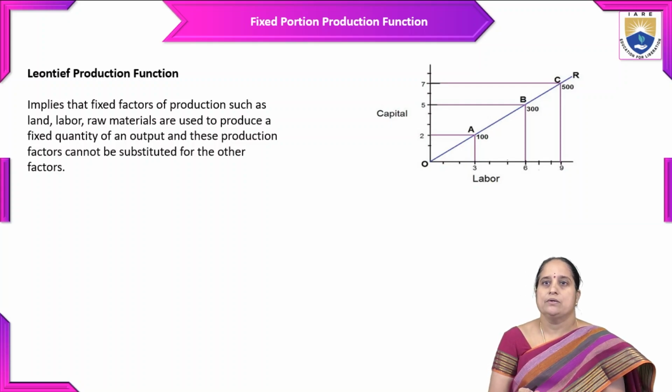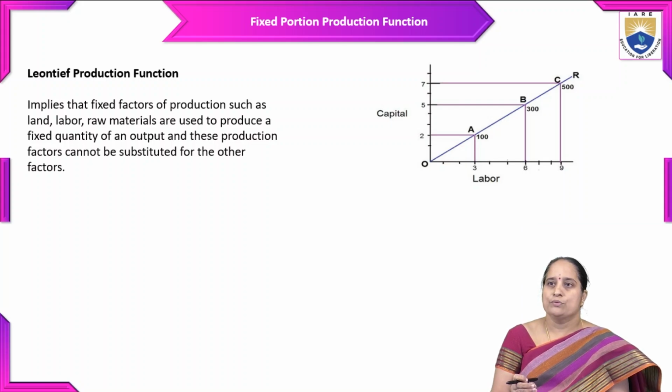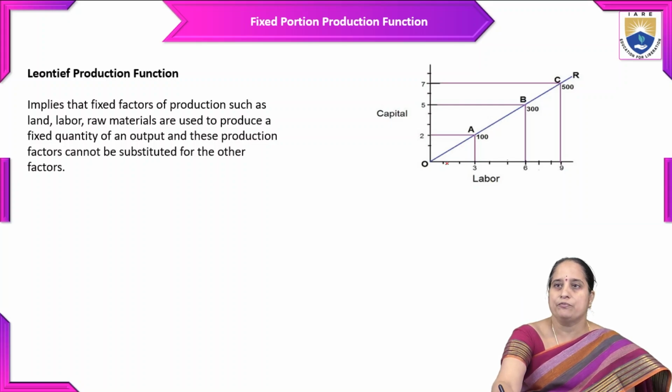It implies that fixed factors of production such as land, labor, raw materials are used to produce a fixed quantity of an output, and these production factors cannot be substituted for other factors. So whatever we are using, if you observe this graph, if you are going to use 2 units of capital and 3 units of labor, we are going to generate 100 units of total production.